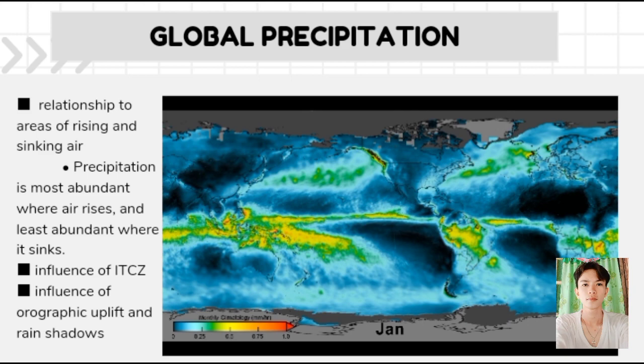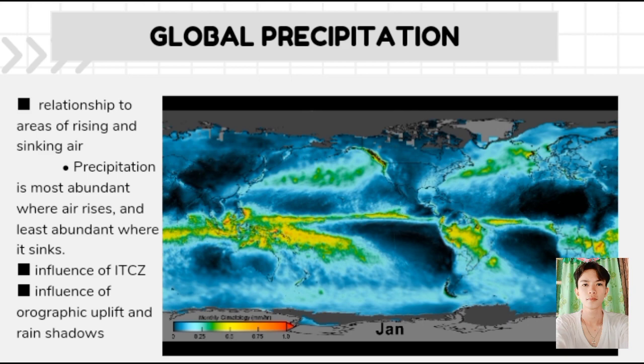Precipitation patterns are influenced by factors like atmospheric circulation, temperature, and topography. Understanding global precipitation is also vital for assessing water resources, agricultural productivity, and the impact of climate change.